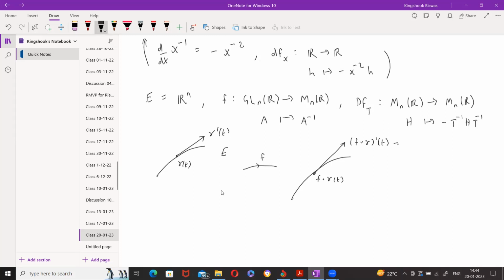That's a linear map between these two vector spaces. So it maps this tangent vector to this tangent vector. Okay. So this will be useful for us frequently.